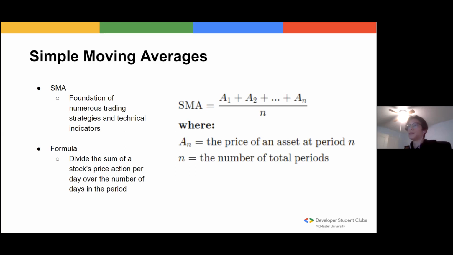So now that we've laid some baseline knowledge for a technical indicator, we can now move to the exponential moving average. And that just simply builds off the simple moving average with edges.